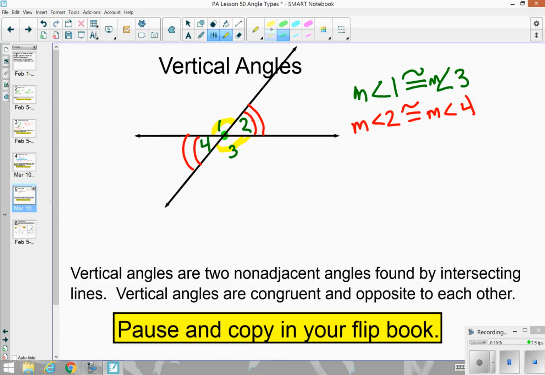So vertical angles are two non-adjacent angles, that's very important because they're opposite, and they're found by intersecting lines. The vertical angles are congruent to each other, and they're opposite of each other. So that makes them vertical. Go ahead, pause the video, and add this to your flipbook.